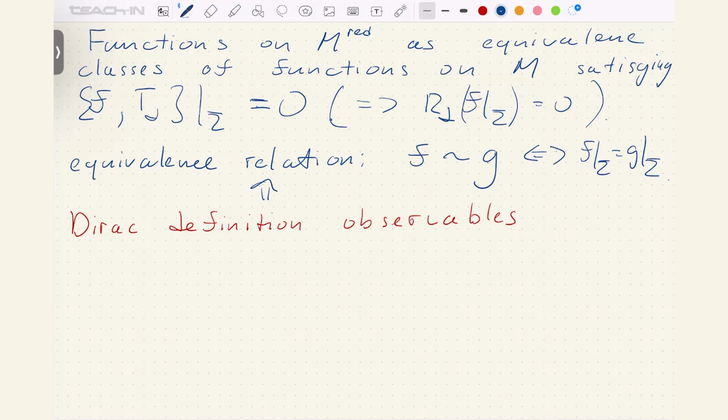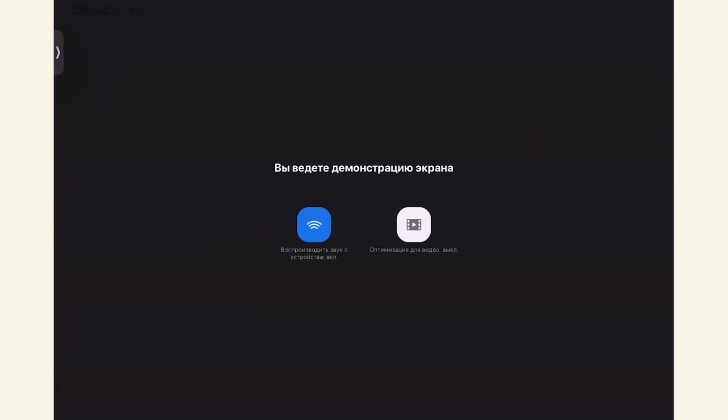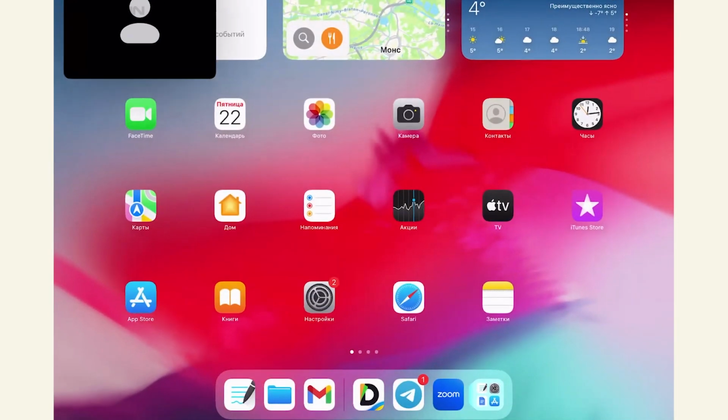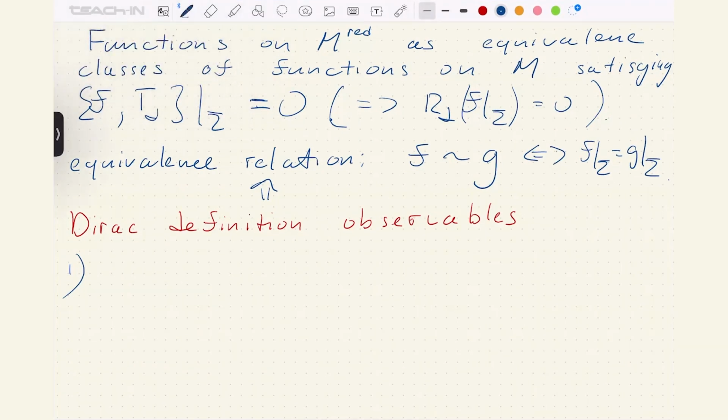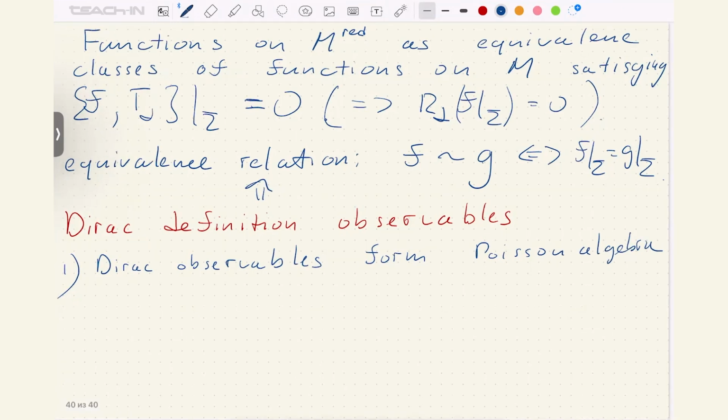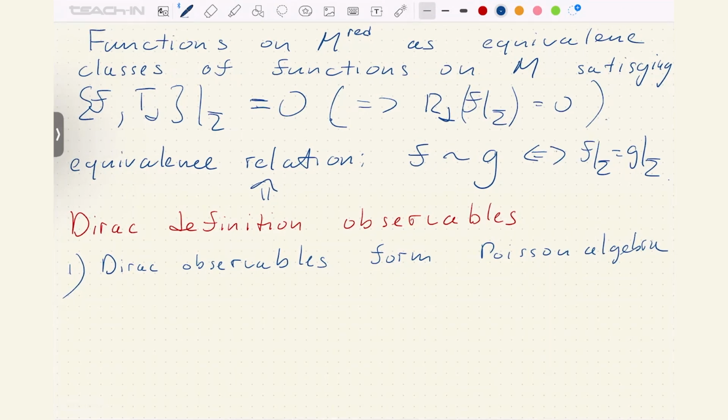First of all, let's first make sure that Dirac observables form Poisson algebra, which means that we can multiply them as equivalence classes.